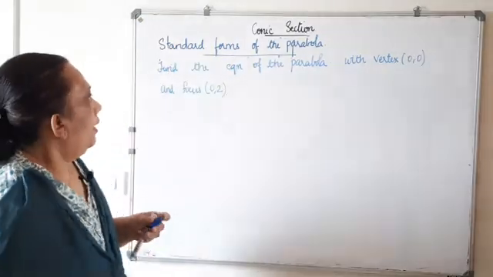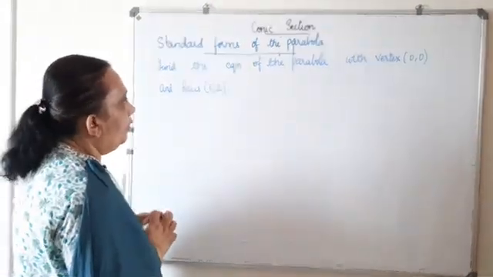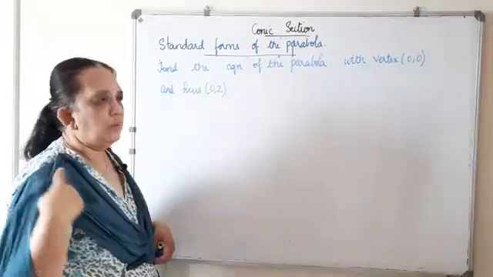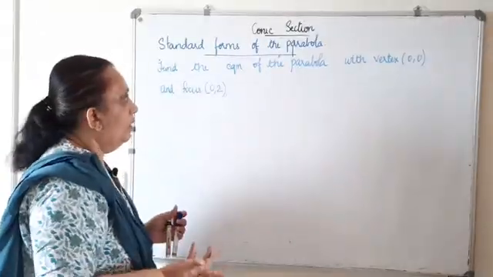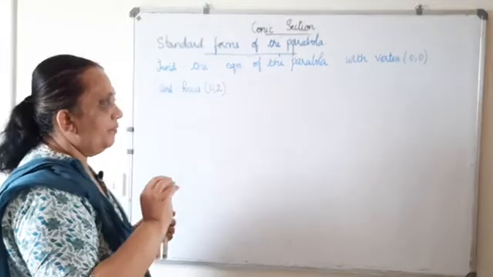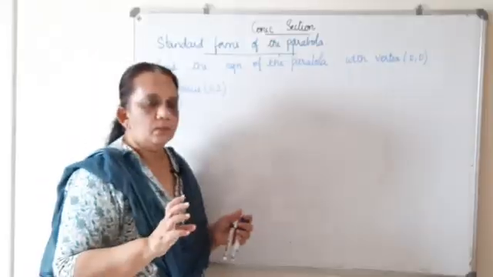Now, in the first case, find the equation of the parabola with vertex 0, 0. All standard forms of the parabola have vertex 0, 0. So, from the first sentence, nothing is clear. And the focus is equal to 0, 2.